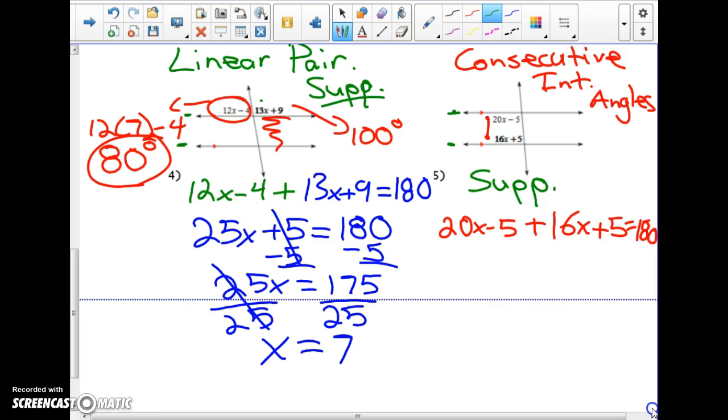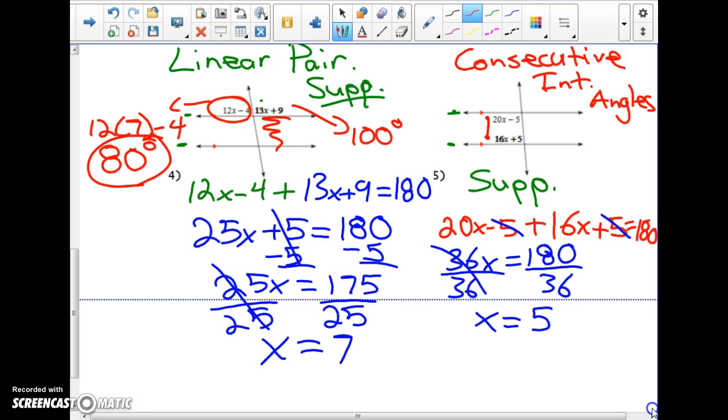All right, here we go. So now I'm going to do 20x plus 16x, and that's going to give me 36x. Then I'm going to do negative 5 plus 5, that's going to be 0, so those are going to go away. Equal 180. Divide both sides by 36. I wind up with x being 5.